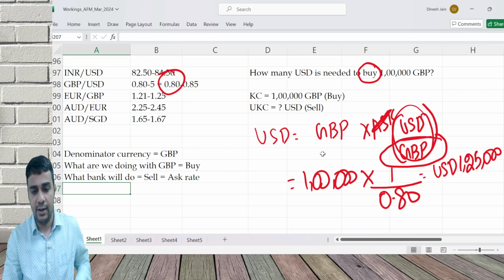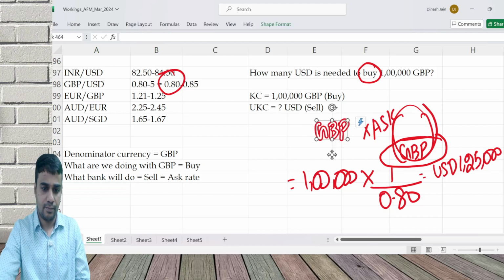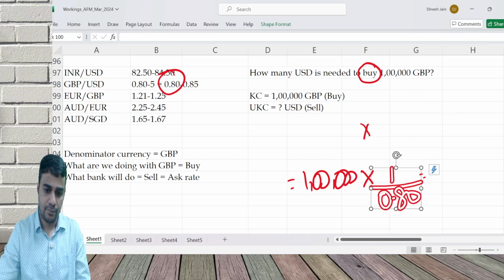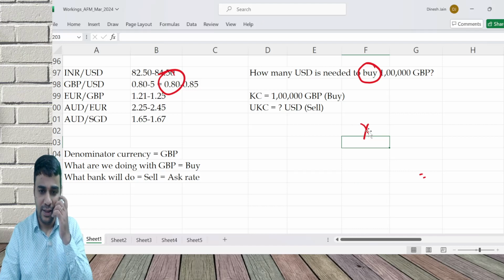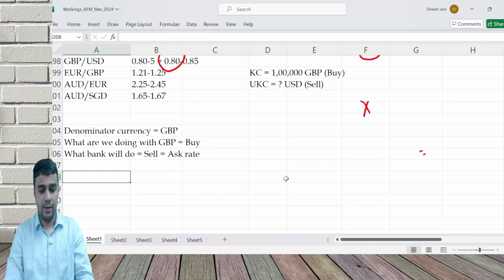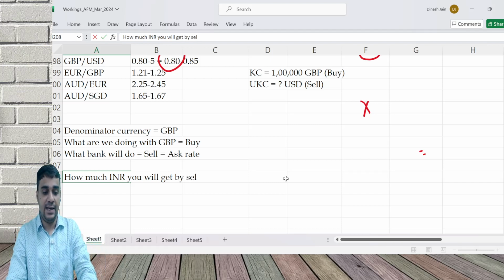Any doubts on this? Just give me a minute. Now, how many INR is needed?